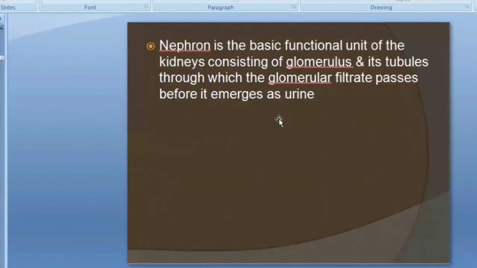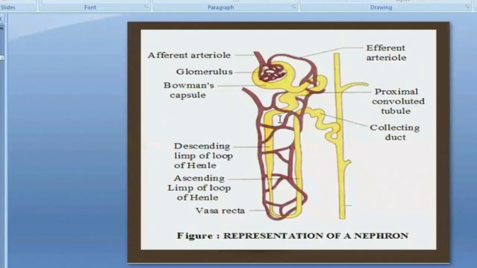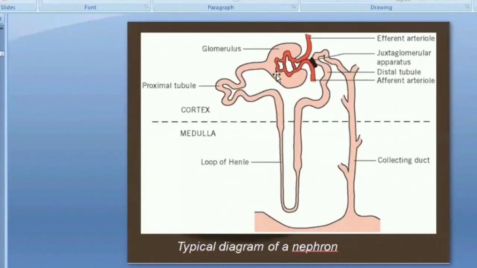This is a good picture. This is also more simplified. This picture is very simplified. Here filtration takes place. After filtration, the 70% is reabsorbed in the proximal tubule, the proximal convoluted portion, then the straight part of the proximal tubule. 70% of the electrolyte and water is reabsorbed in the proximal tubule. The remaining 30% enters into the loop of Henle.